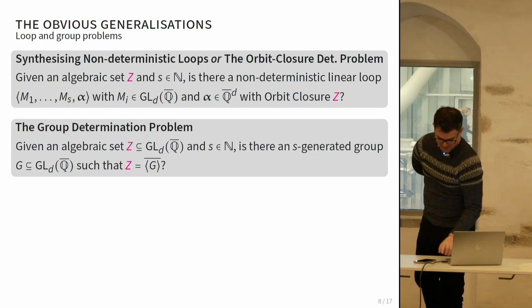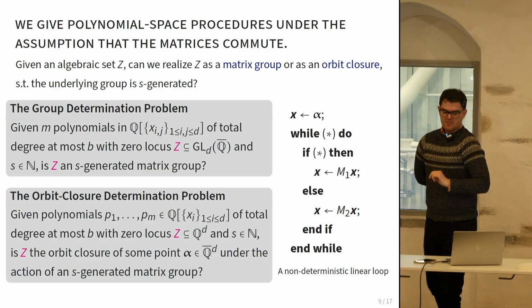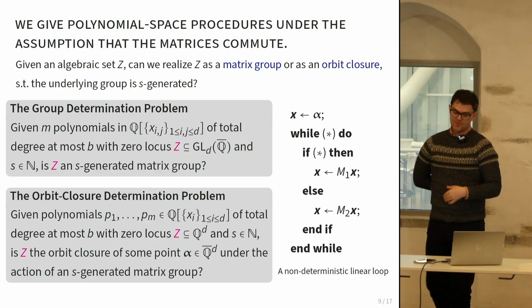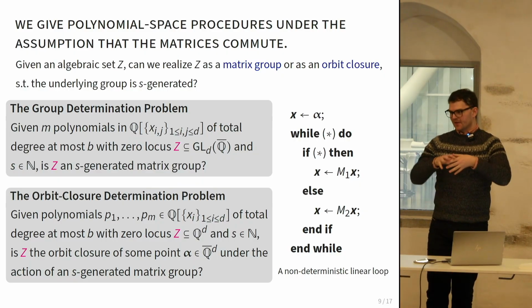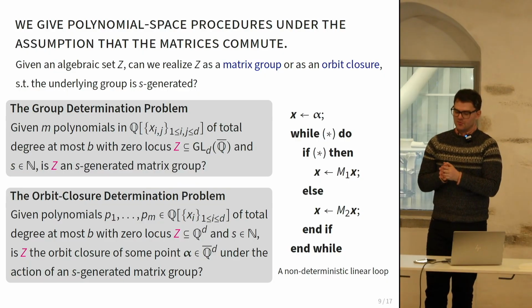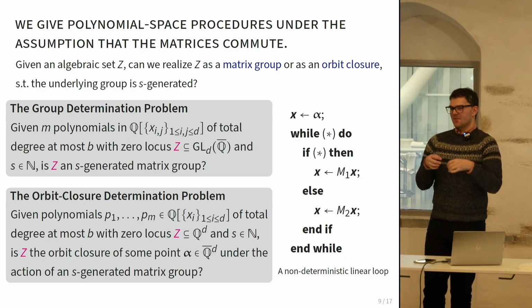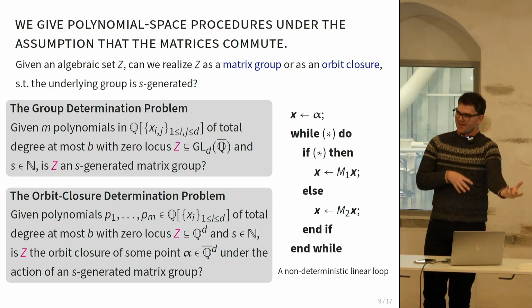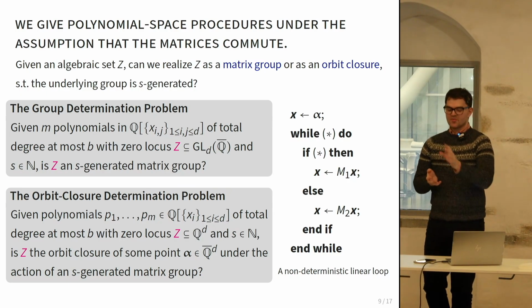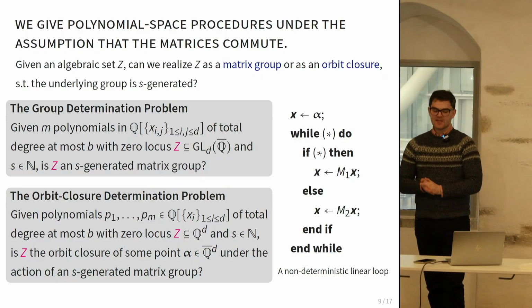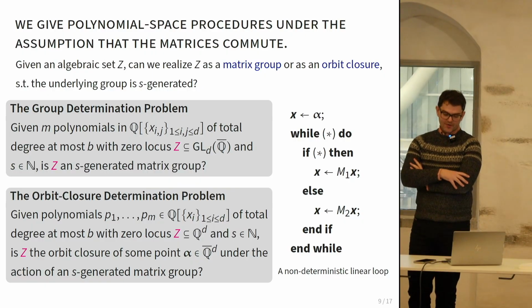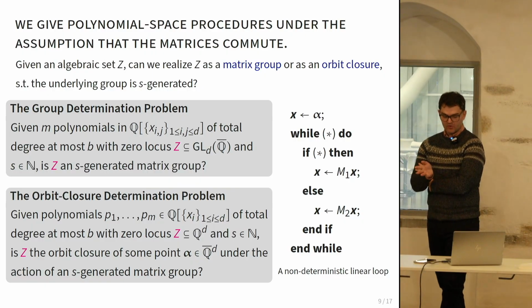Okay, so the results of our paper say yes, we have complexity results. To give a complexity result, I obviously have to give you the full definition of these problems, but that's just parameterizing the problems by saying your algebraic set was defined by m polynomials, and they had certain degrees, and I talk about a zero locus, that's just the set of common vanishing points of that set of polynomials.